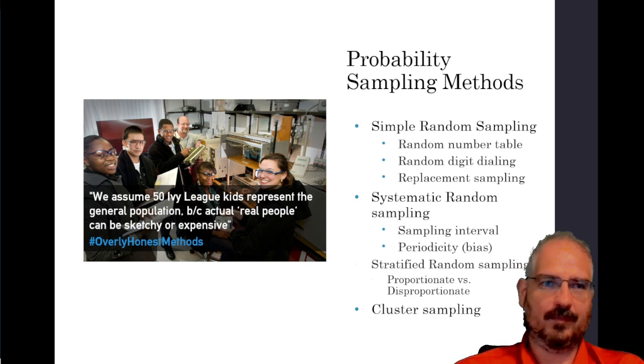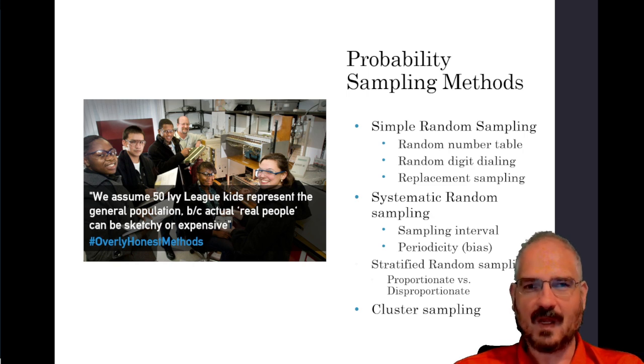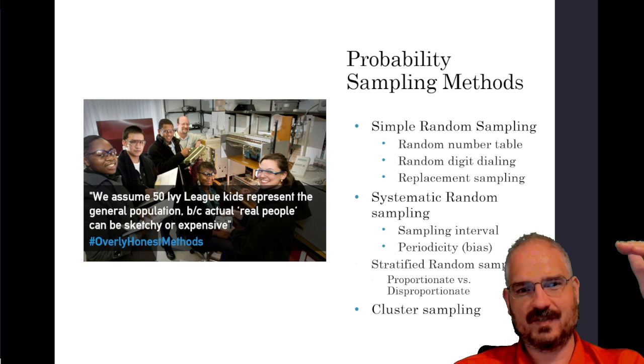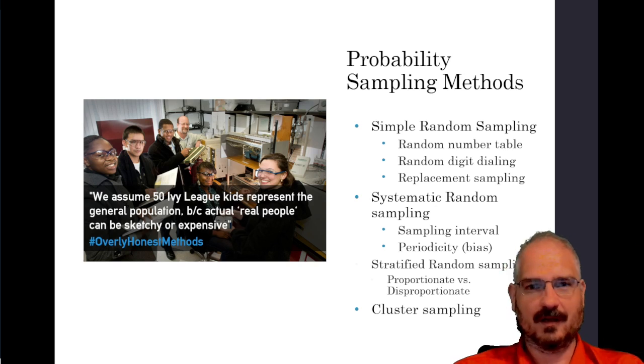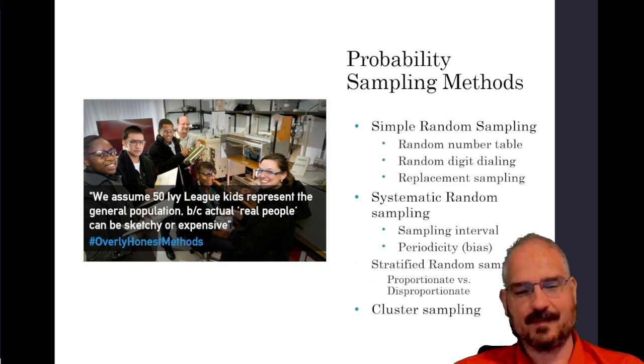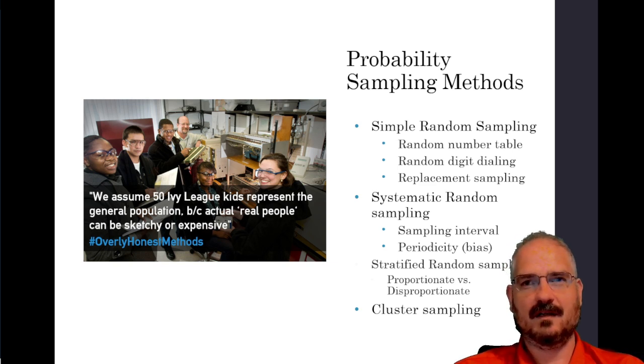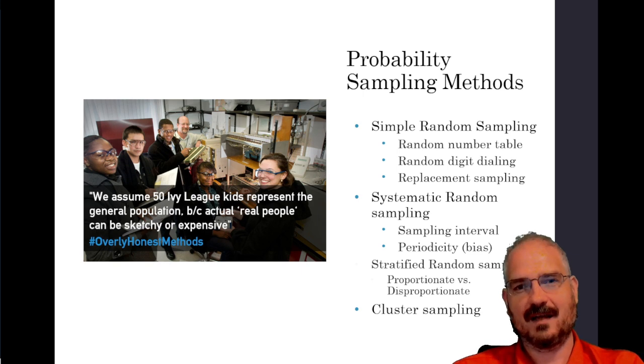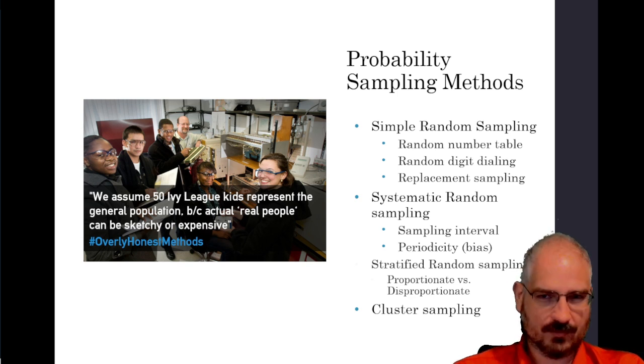Or maybe people in the sampling frame are listed by age, or some other method in which, if we do it using this systematic sampling technique, we're going to be biasing our ultimate sample in some way that we don't want to.